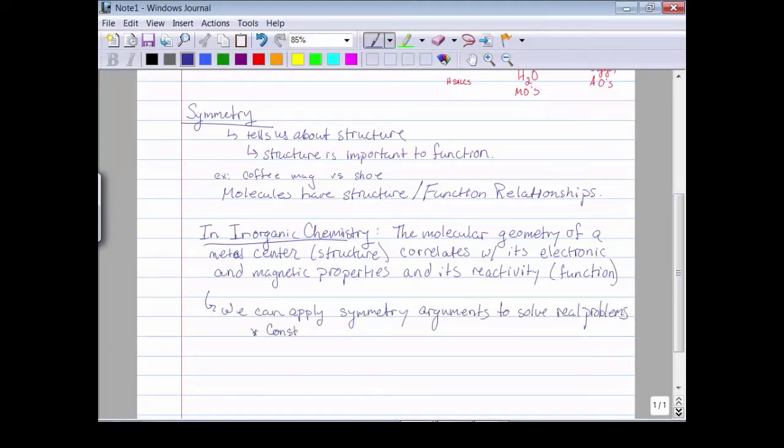The three really useful things about symmetry are, first, describing bonding, in other words, constructing molecular orbital diagrams. The second is that you can use symmetry to interpret spectroscopic data, vibrational and electronic spectra in particular.